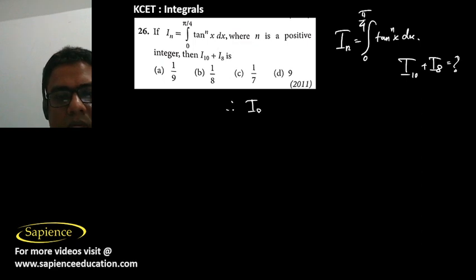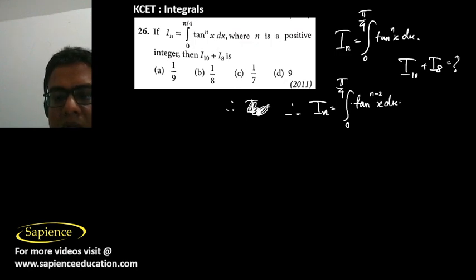Therefore, suppose I can write In as integral 0 to pi by 4 tan power n minus 2 x into tan square x dx.